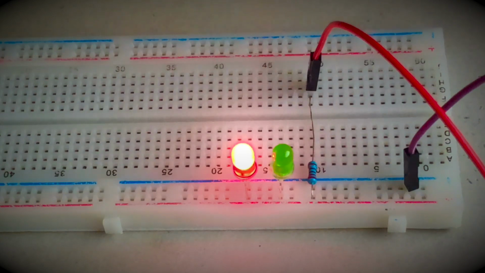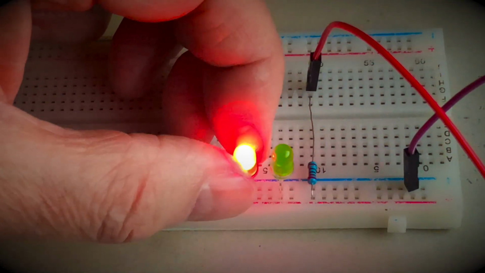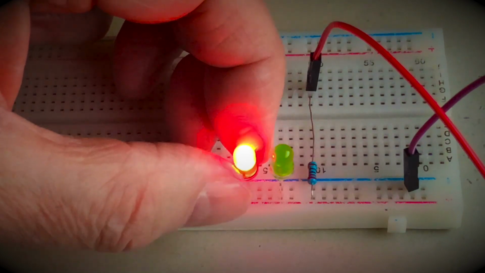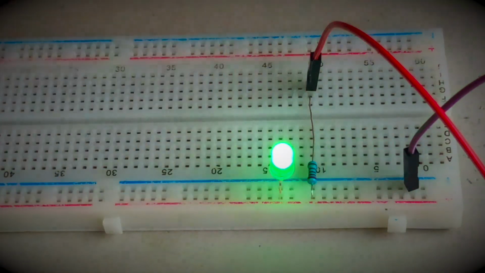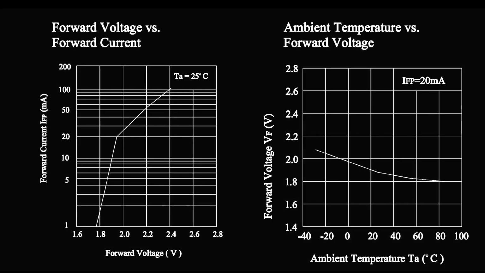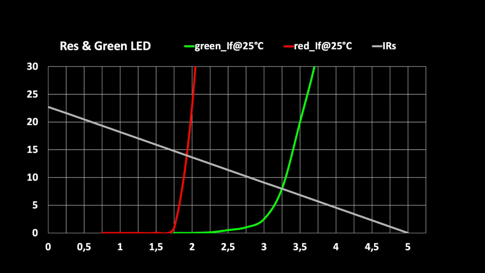As soon as I'm plugging the red LED, the green one stops working. Why can't we operate both LEDs at the same time via one series resistor? Here is the data for the red LED from the corresponding datasheet. With the red LED connected, the operating point is moving here because its forward voltage is significantly lower than from the green one.